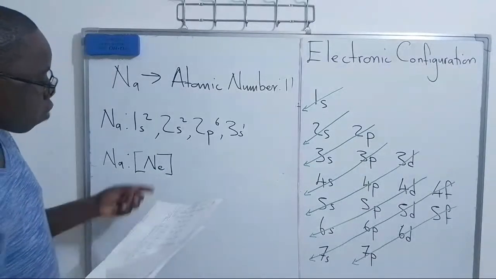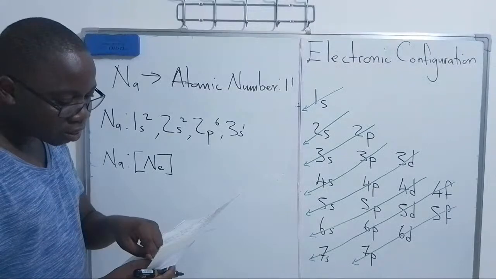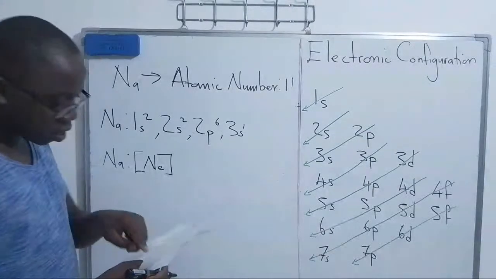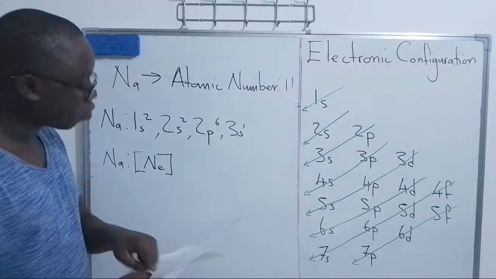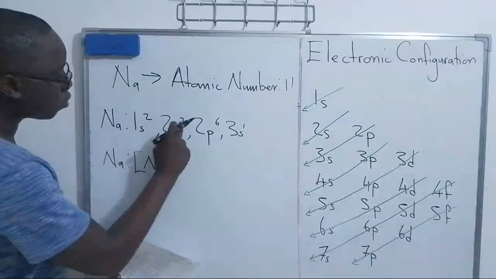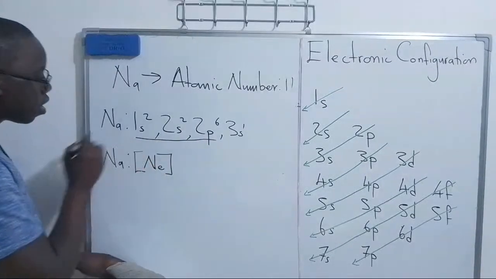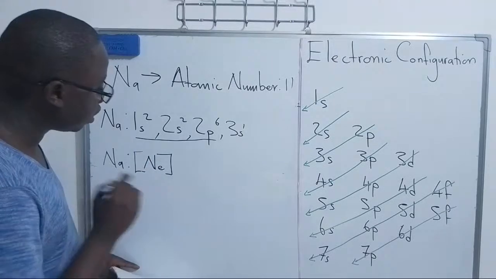Now, when we write this compressed electronic configuration, you look at the electrons that this noble gas has. Neon has 10 electrons, which come from 2 plus 2 plus 6. So this is the electronic configuration of neon.